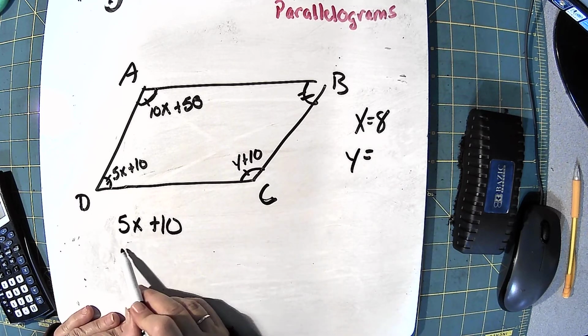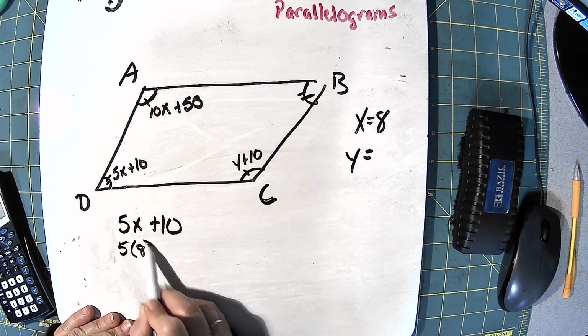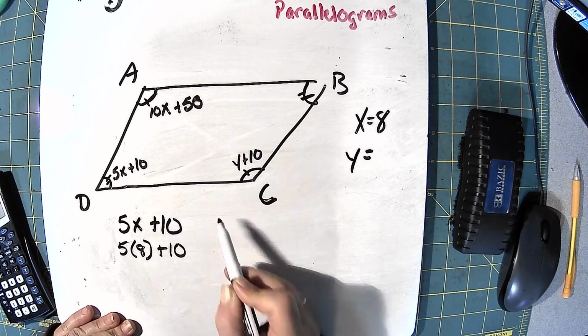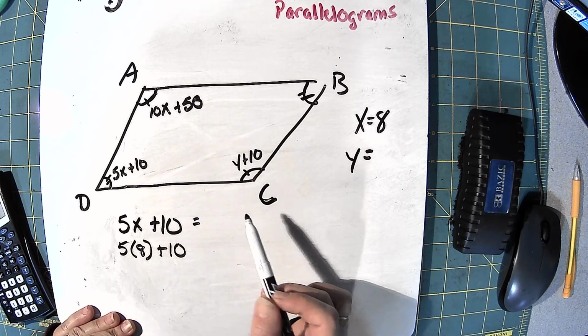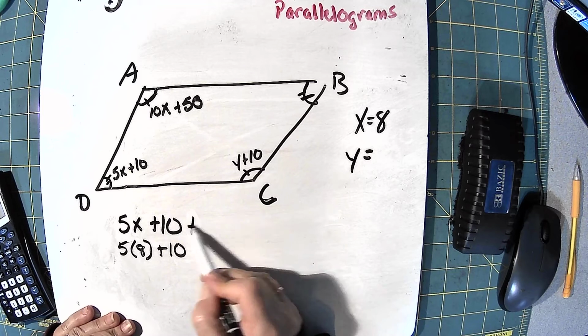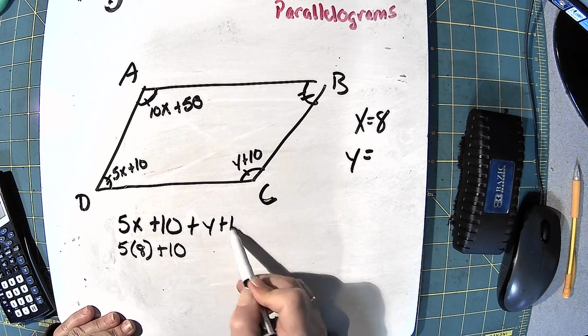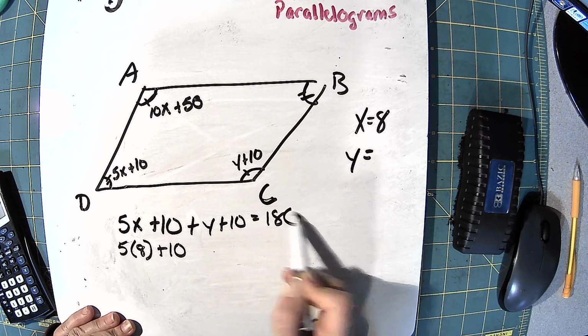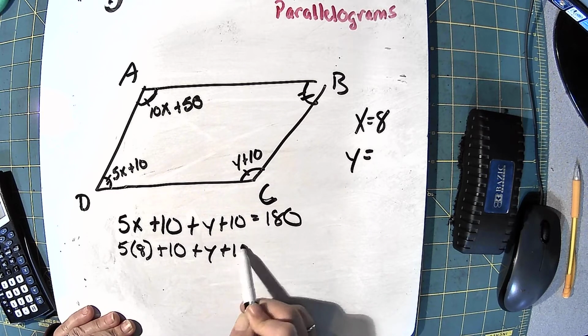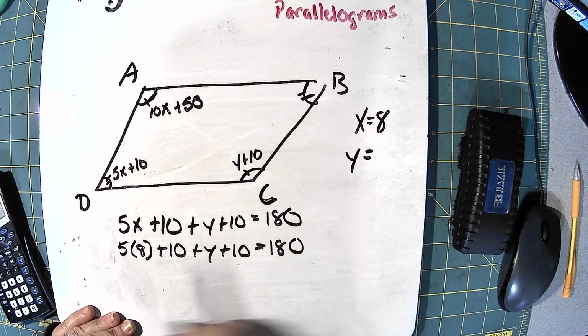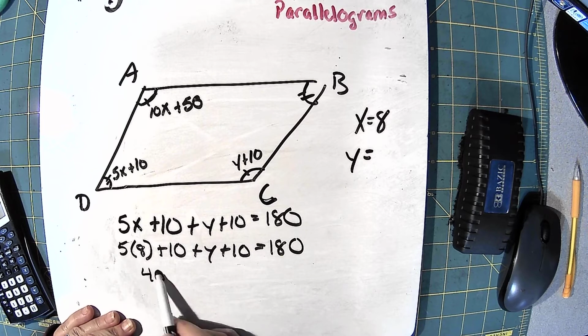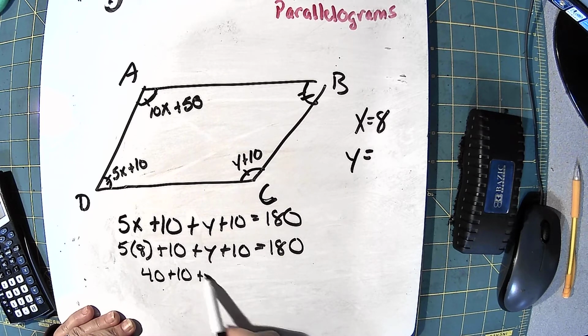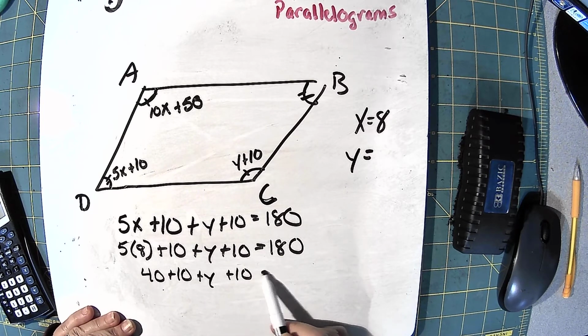Well, if x is 8, plus y plus 10 equals 180. 8 times 5 is 40, plus 10, plus y, plus another 10 equals 180.